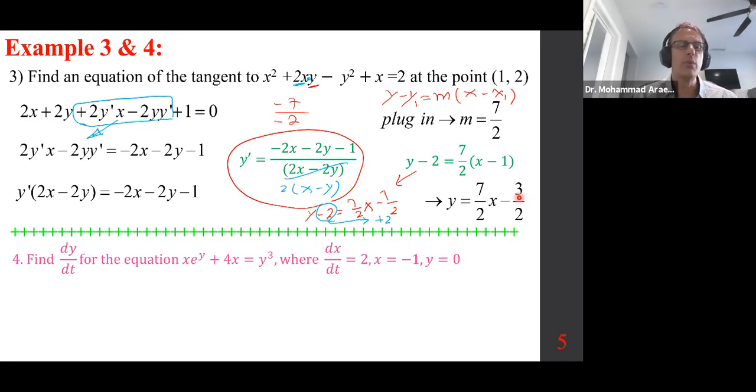The next question, we want to find dy/dt. So you really want to pay attention to this before you move on. The moment you see dy/dt, what does it tell you? It tells you your independent variable is t, everyone. Which means the derivative of y or y prime is really dy/dt, not dy/dx.